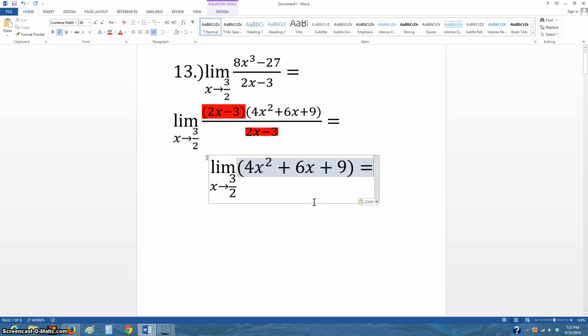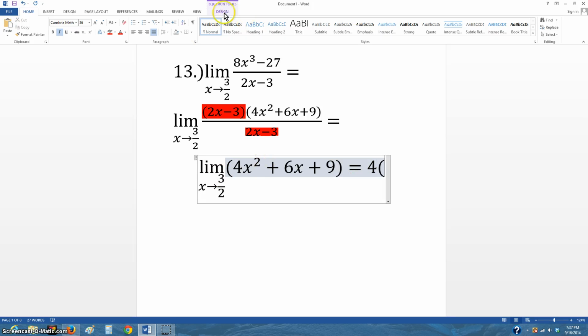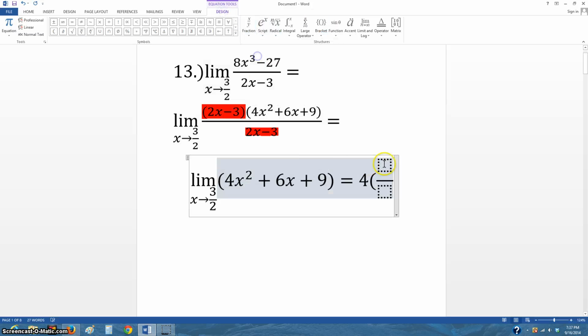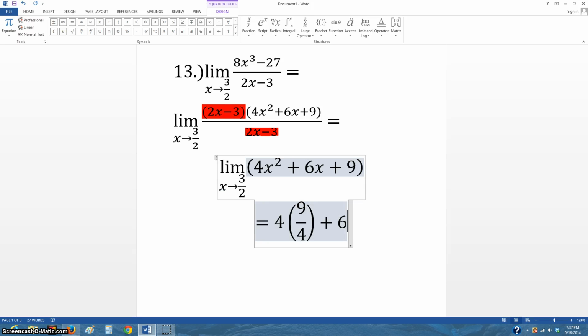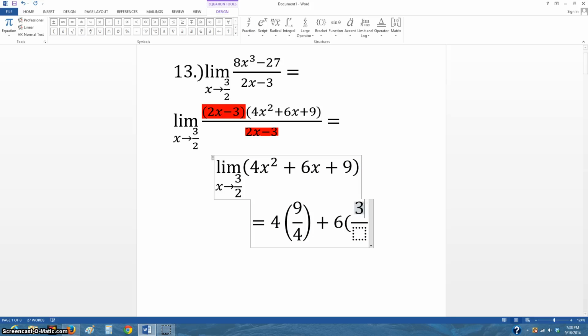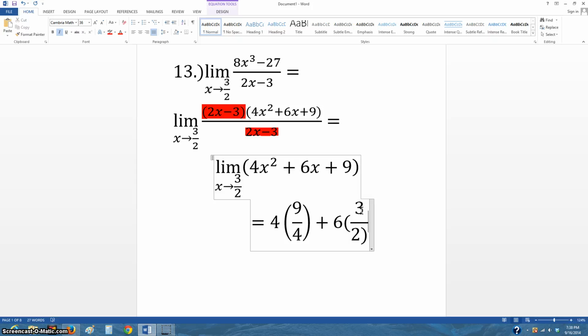So let's go ahead and substitute. So I have 4 times 3/2 squared will give me 9/4. Plus 6 times 3/2. I know y'all don't have calculators, but we don't need one, so we can just go ahead and do it by hand here.